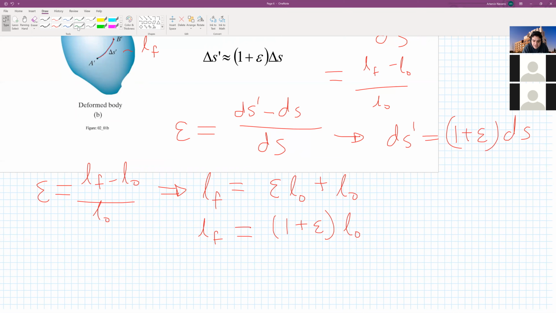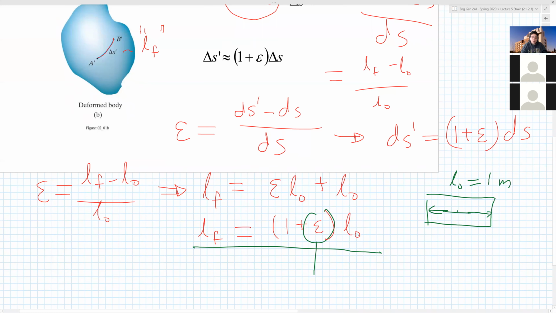And strain, remember, how do you get strain? You have to have a force, right? It stretches it. What if your strain is equal to 0? What is your final length? It's the same as your initial, right?